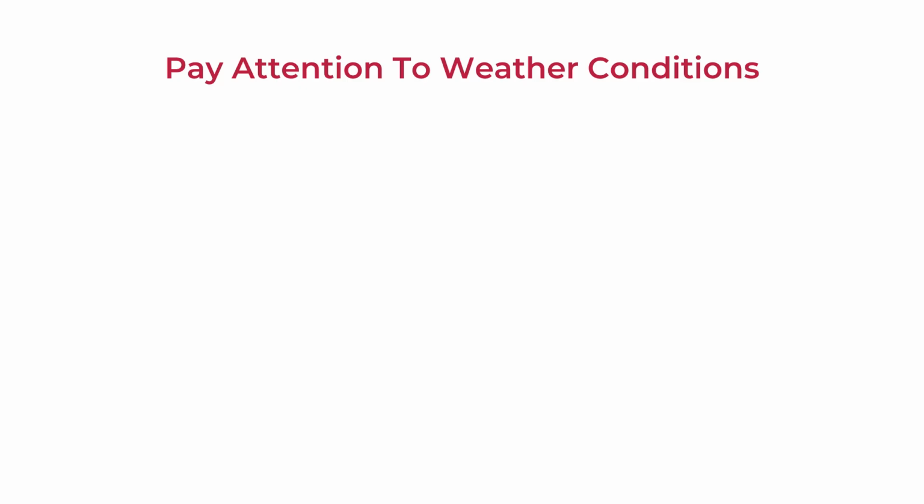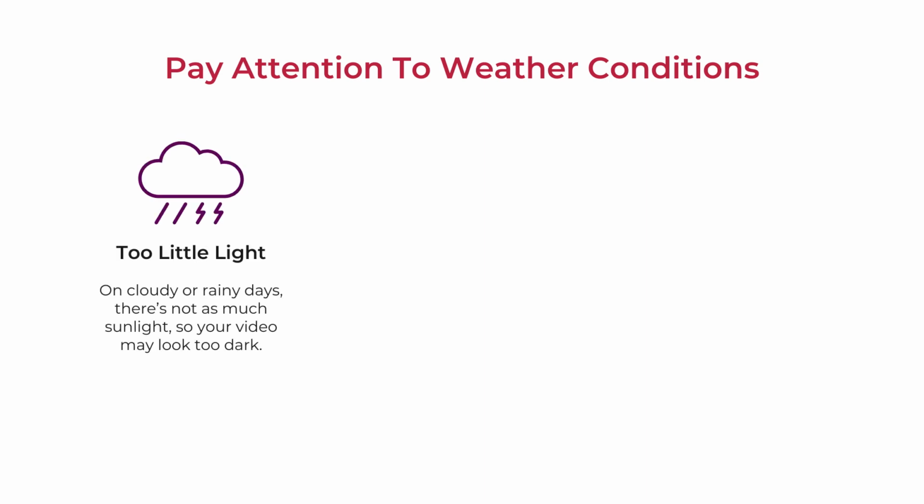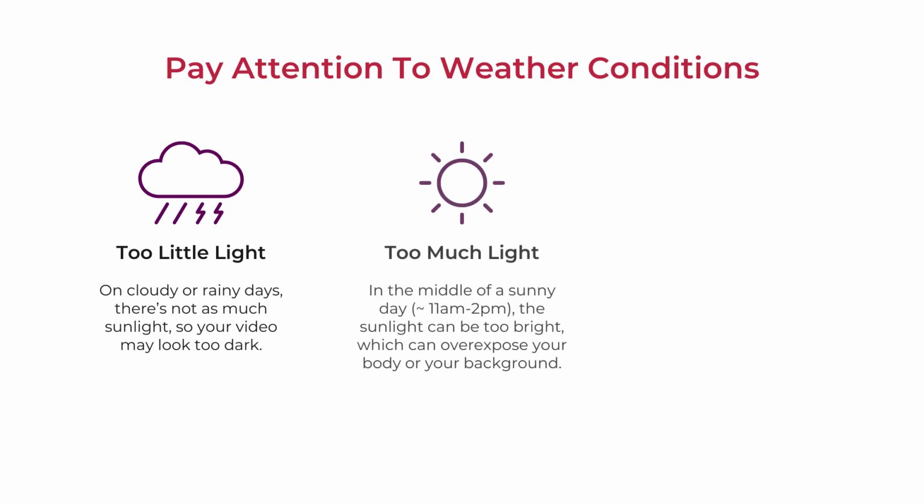Now, you'll also want to pay attention to weather conditions when using window light. For example, on cloudy days or rainy days, there's not going to be as much sunlight, so there's a chance that your video may look too dark. You could also experience too much light, and that happens when you're filming in the middle of a sunny day, generally between 11 a.m. to 2 p.m., because that's when the light is high up in the sky and is really bright.